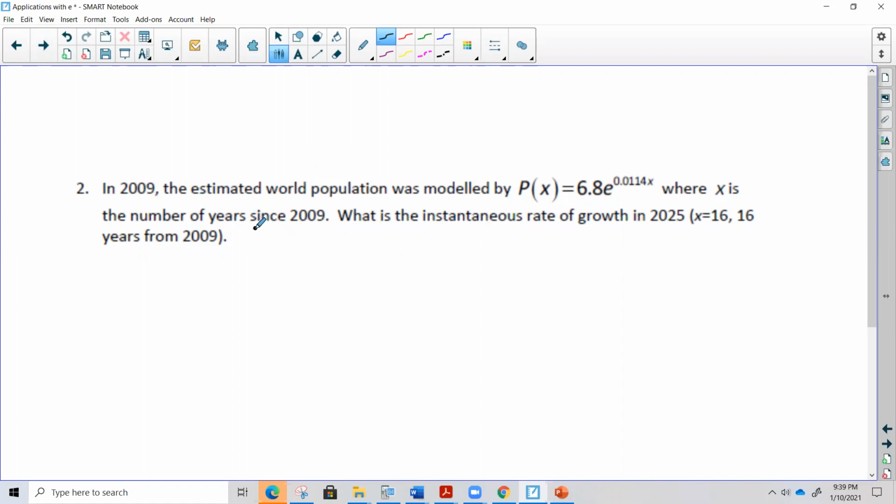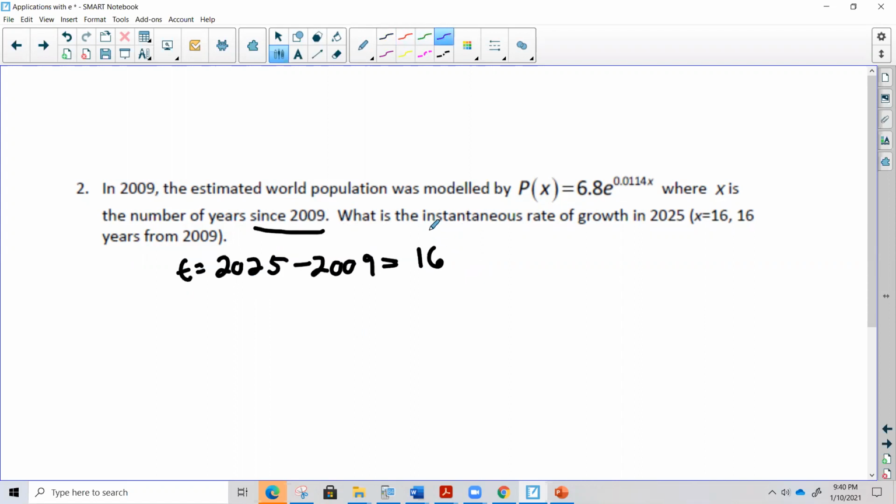Now, because they said since 2009, to get the x value, we take 2025 and subtract 2009. And that gives us 16 years. So that's my x value. You don't want to plug in 2025 because the time they said is since 2009.